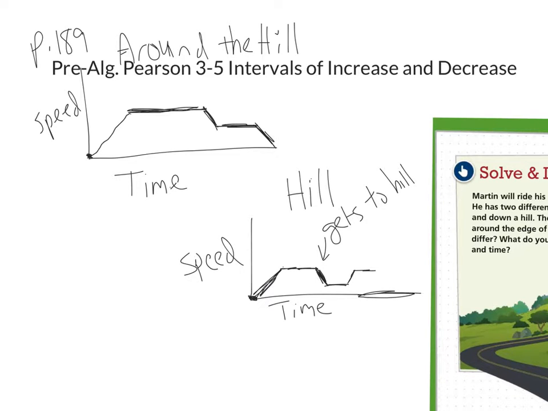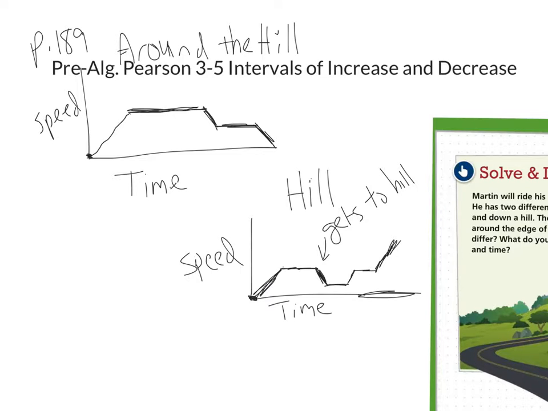And then he starts going down the hill. The speed's going to increase. Good. Okay, starts going faster going down the hill. He's got gravity working with him. Okay, and then at some point here he's going to end up getting to the bottom of the hill.